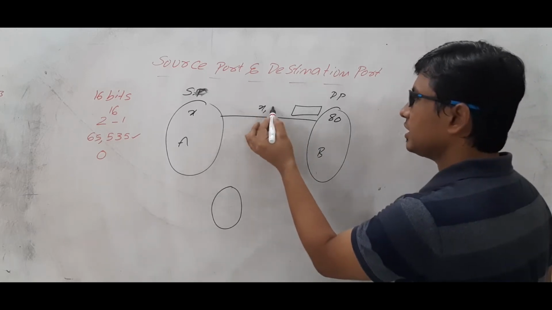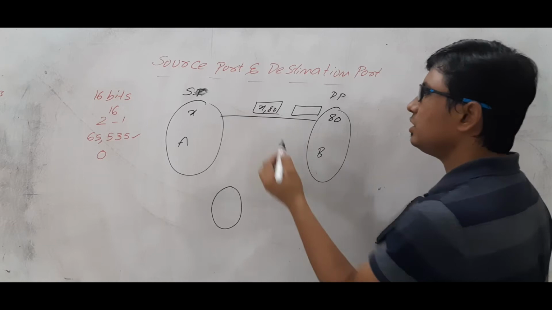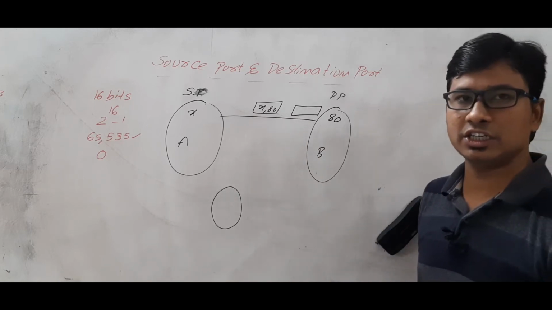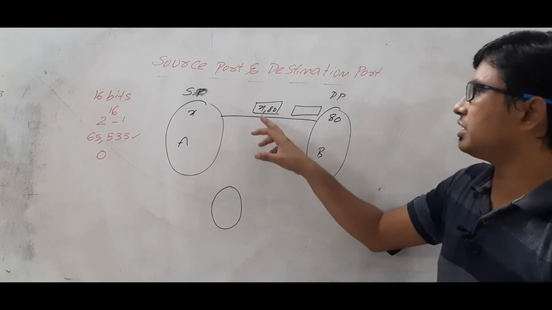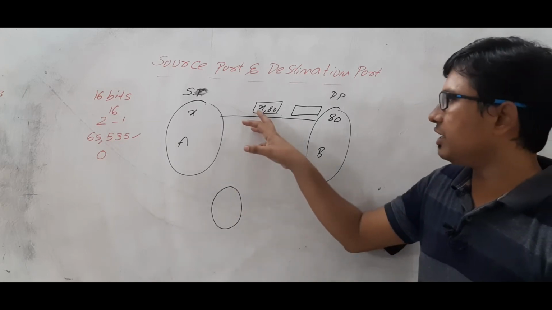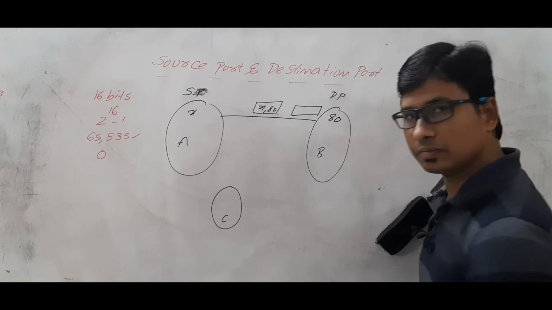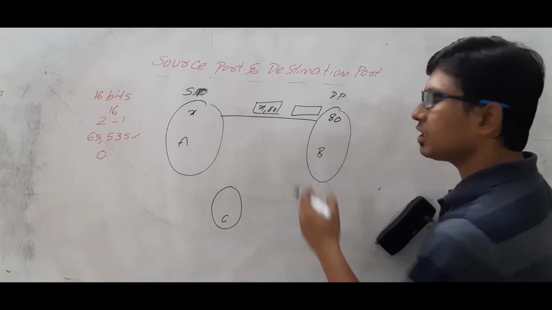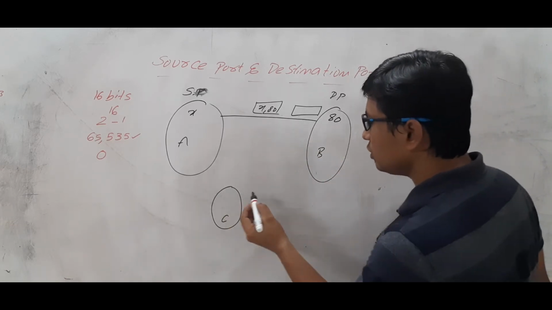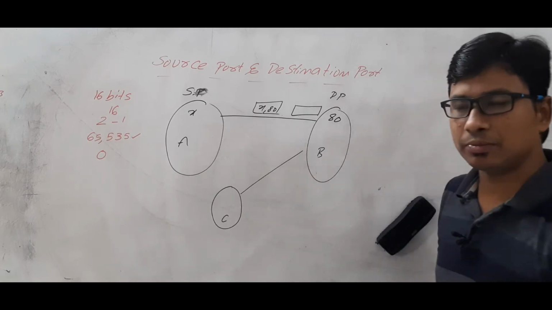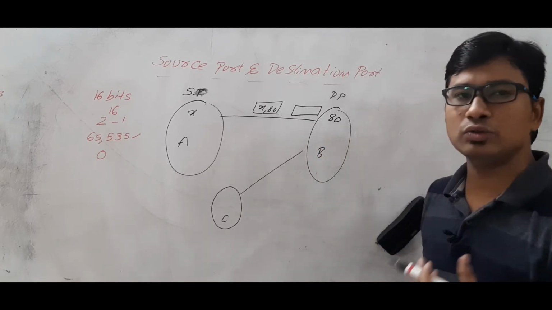X comma 80, am I right or wrong? If I am using only the source port and destination port to identify a communication, it is identified as X comma 80. Let's take that node C also wants to communicate with B. So what will it use? It will also establish a communication, and it also wants to use HTTP.